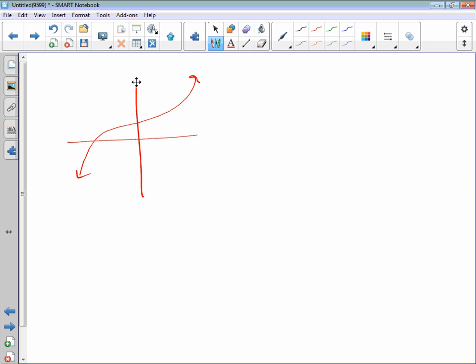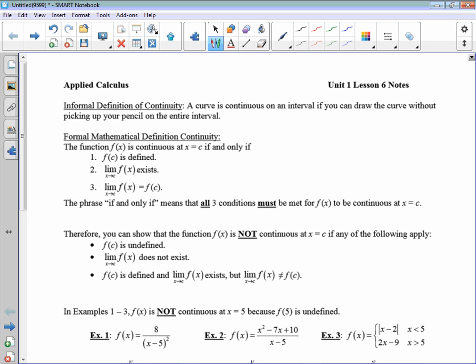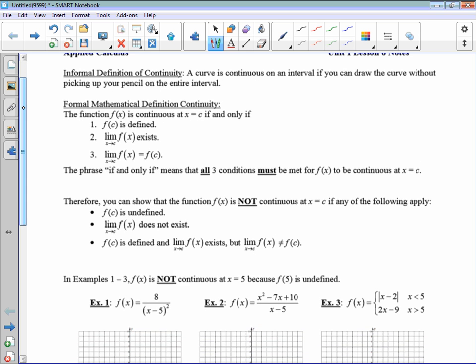Yes. Okay. No. Is that a continuous graph? No. Okay. So just looking at it, you understand what continuity is, right? Yes. Okay. So we're going to get into the more formal definition of it today.